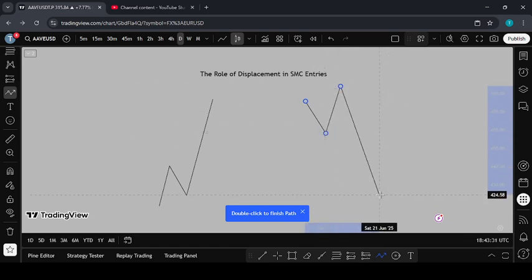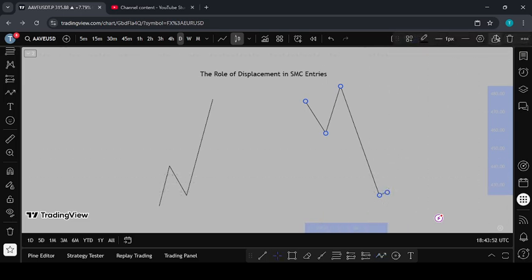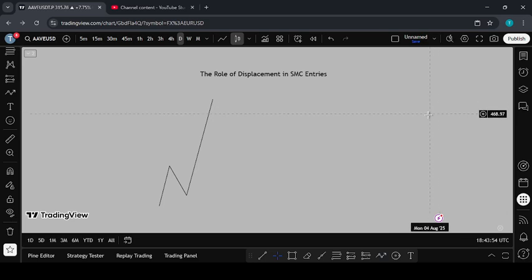You just see an impulsive move with strong candles, and of course, the impulsive move comprises an imbalance where you just see a candlestick make a massive move to the upside or to the downside. That is called a displacement. So when the market makes that strong impulsive move, it's called a displacement.